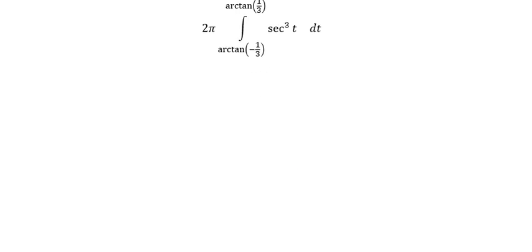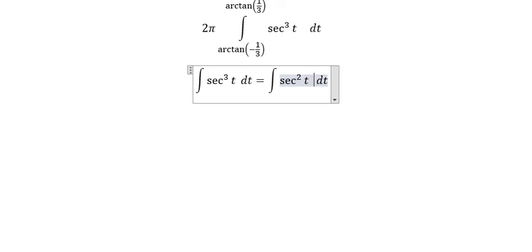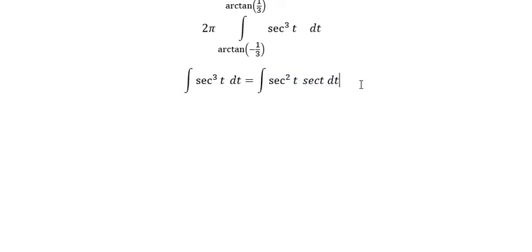And now I will show you the technique of how to find this integration. So this one I can put as secant squared t multiplied by secant t. So I need to use integration by parts.